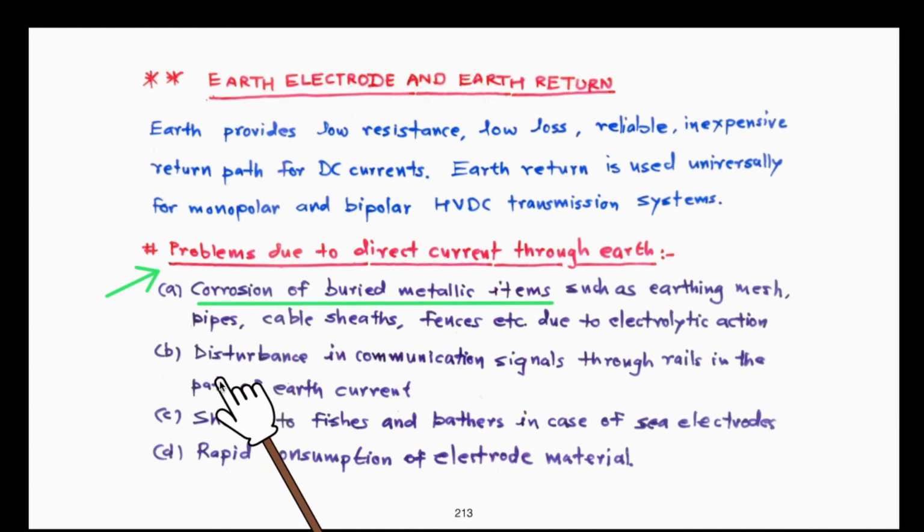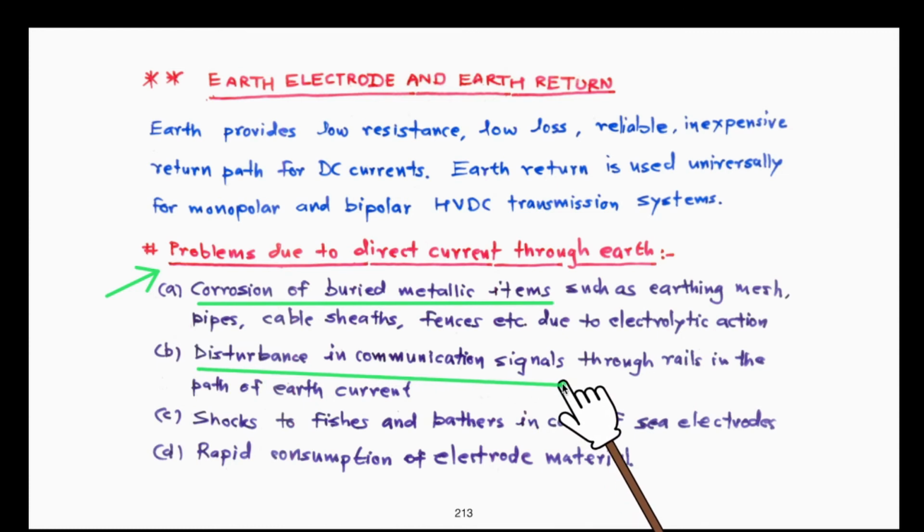Next, it is observed that it creates disturbance in the nearby communication networks due to the flow of current through the ground. If there are some metallic pipes or rails crossing this particular path of earth current, then they get induced pulses, a train of pulses, across them, and these are high frequency and they match with the communication network frequency and cause communication disturbance.